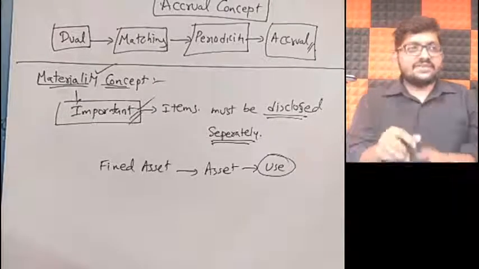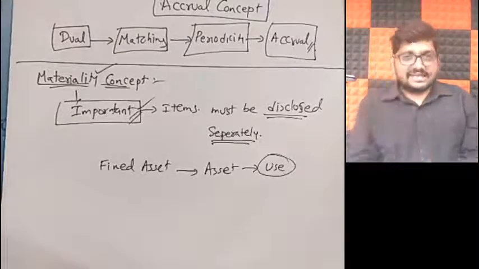For example, buildings. Yes, we use buildings to run our business. Next, machinery. Yes, it is our fixed asset because we use it to produce goods. Vehicles. Yes, it is my fixed asset because I transport goods in my vehicles.